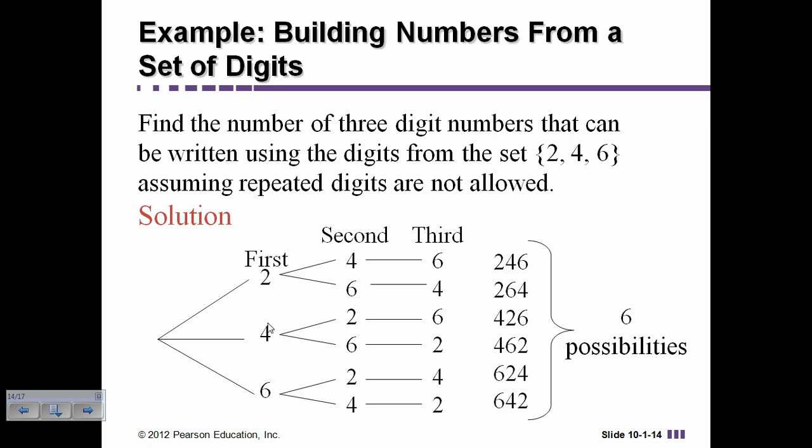my first possibilities are I could have the number 2, the number 4, or the number 6 for the first digit. If 2 is the first digit, then the second digit could only be 4 or 6, because here I said repeated digits are not allowed. So that means, for example, I can't have 222 or 242.